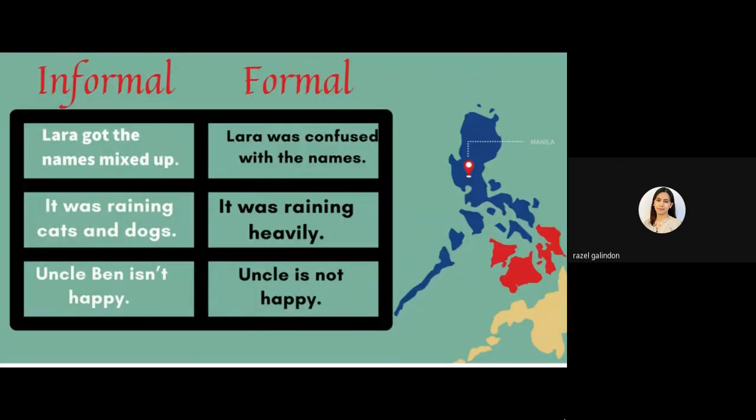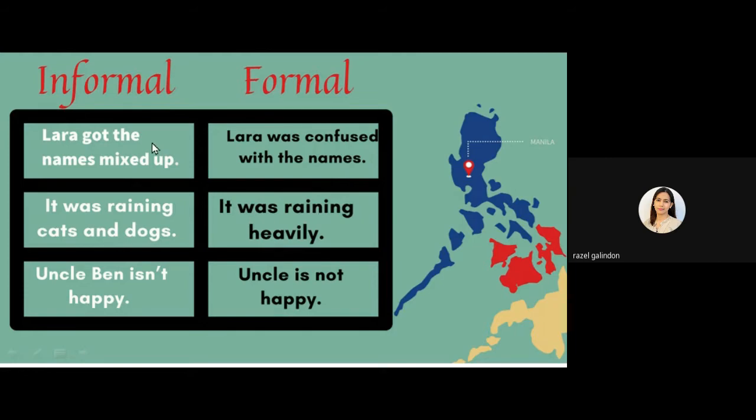Okay, so on this next slide, you can see the difference between the sentence structure of informal and formal. On the first column, these are the examples of informal language sentences, while on the second column, we can see the examples of formal language.